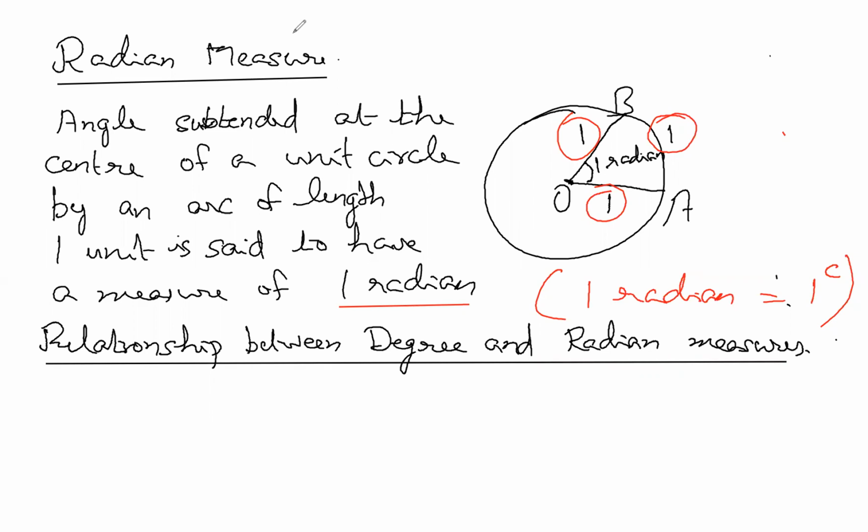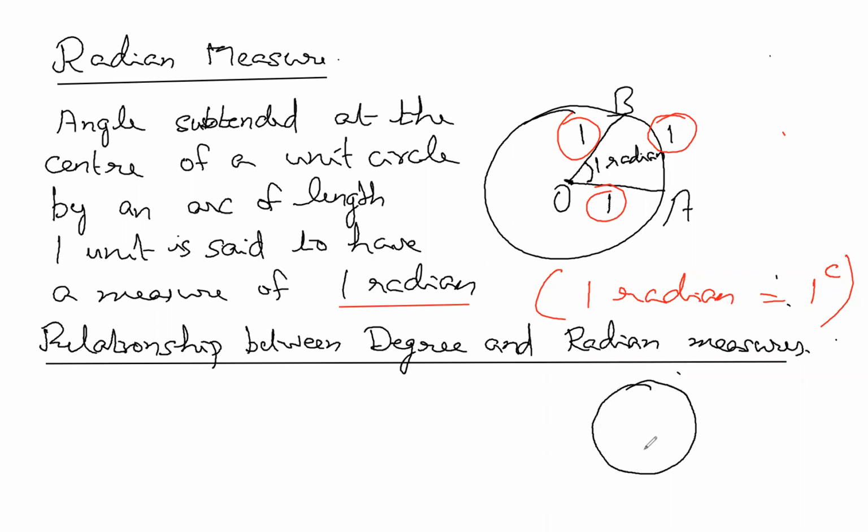See, this is the relation. When you take one complete rotation, it is 360 degrees. In radian, we normally call the arc length 1 radian.